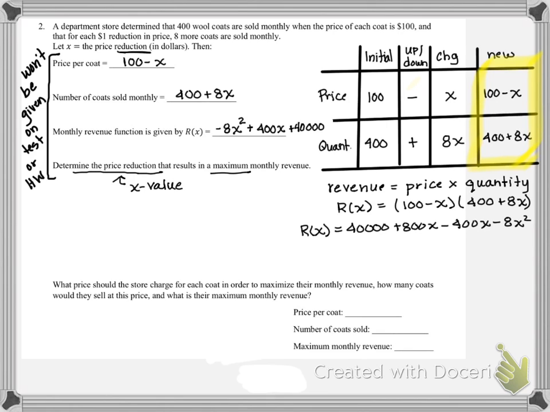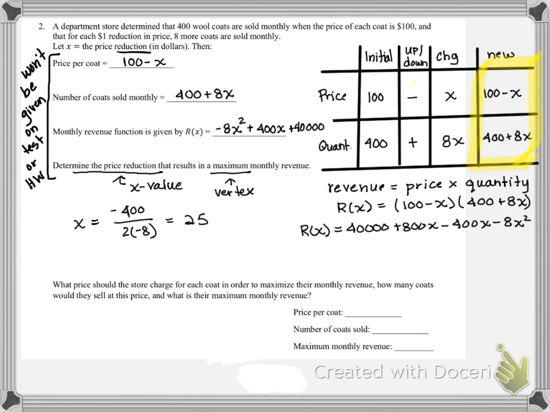I want a maximum, so of the vertex. So we have x equals negative 400 over 2 times negative 8. I think it's 25. So I just found the price reduction that will maximize revenue.